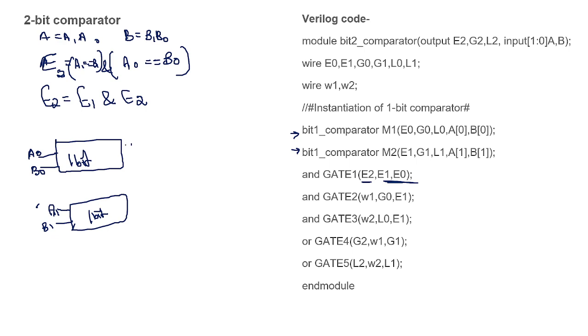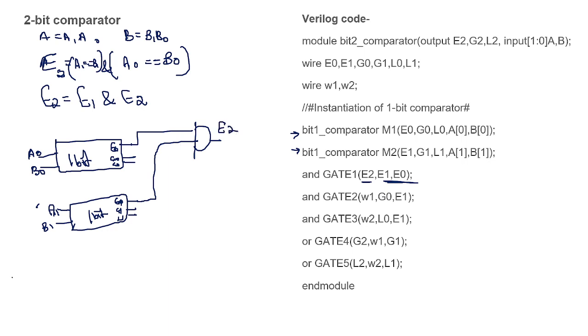And then from this output I will get E0 and then G0, L0, three outputs. Again here for the first bit, E1, G1, L1, three bits. Now I have to perform the AND operation between E1 and E0 to get E2.